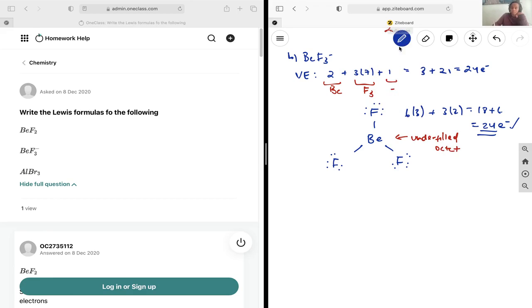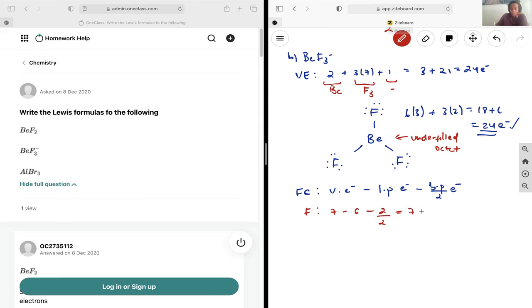So now let's go about checking the formal charges. So again, it's the same formula of valence electrons minus the lone pair electrons minus the bonding pair electrons over 2. And so for each of the fluorines, that will give us 7 minus 2, 4, 6 lone pair electrons on each of them, minus 2 electrons in a bonding pair for each of them.